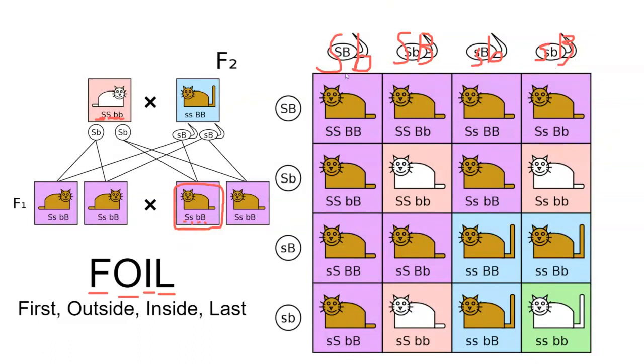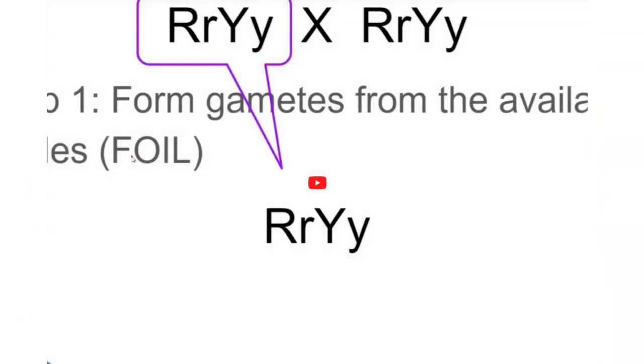They just did it in a weird order. I'm not sure why they did. They put the outside here and the inside there. But we're going to be using FOIL. If you would like a better explanation, there is this video right here where we talk about FOIL. You can watch this.